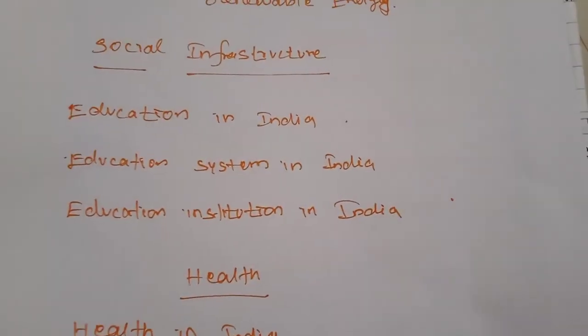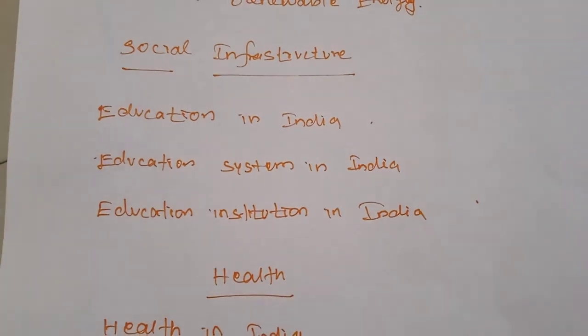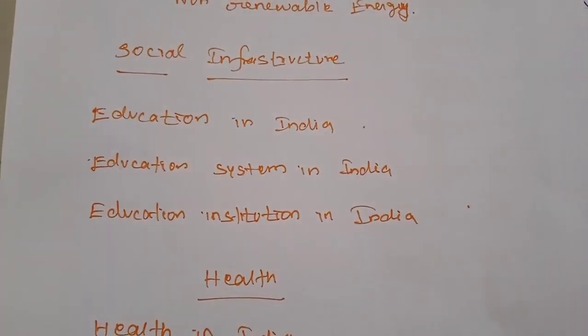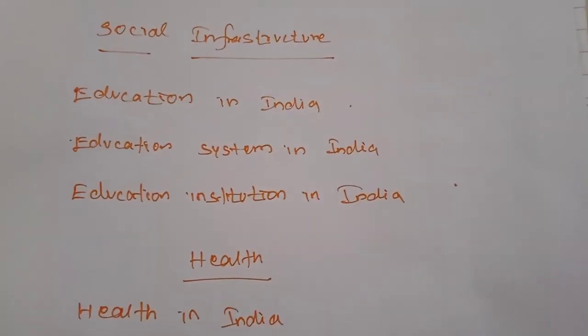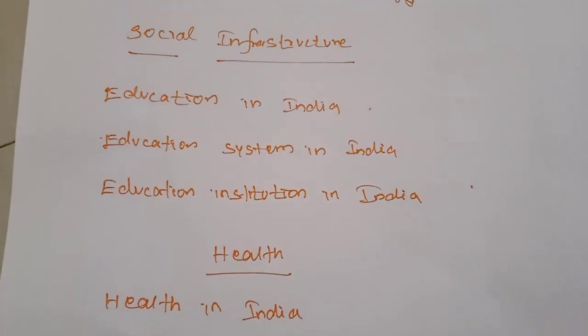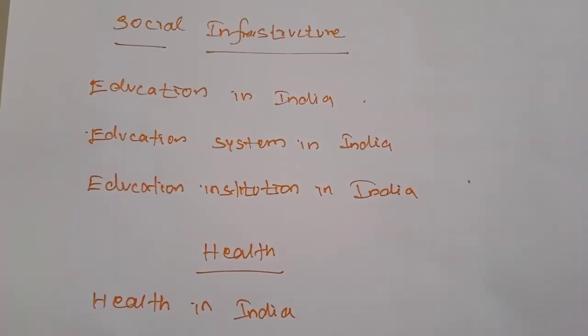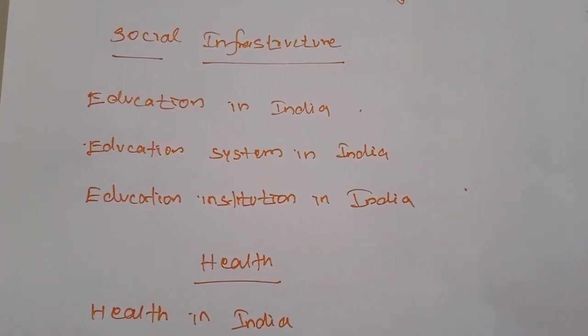What programs are there? They were taken up by the Ministry of Human Resource Development. Next, the education system in India. Education in India until 1976 was the responsibility of the state governments. It was then brought under the concurrent list.